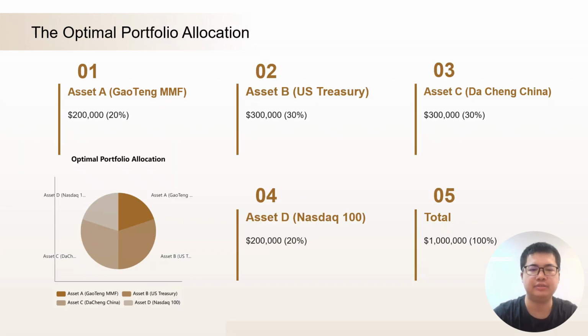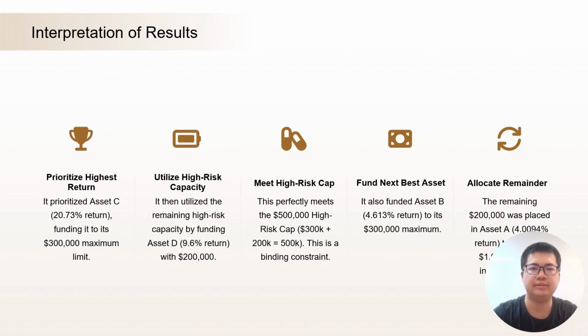Here is our investment plan. We will put $200,000 into asset A, $300,000 into asset B, $300,000 into asset C, and $200,000 into asset D. This smart spread helps us diversify while sticking to our investment limits.